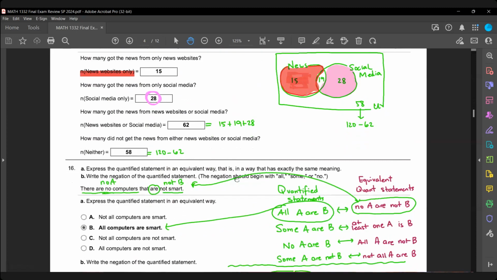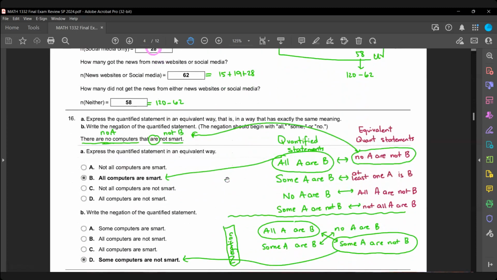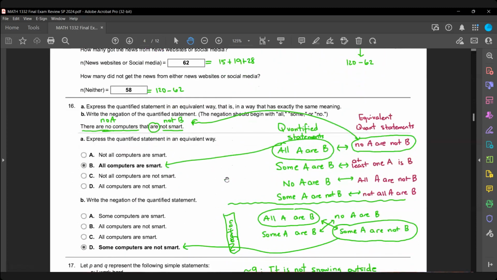Number 16. Starting from 16 on, we begin to talk about logic. So from the next set of questions, we talk about chapter 3, logic. It says express the quantified statement in an equivalent way, and then write the negation of the quantified statement.